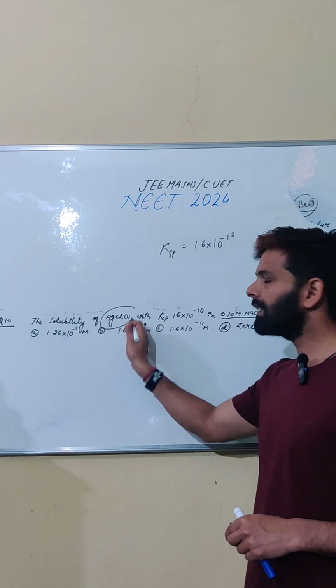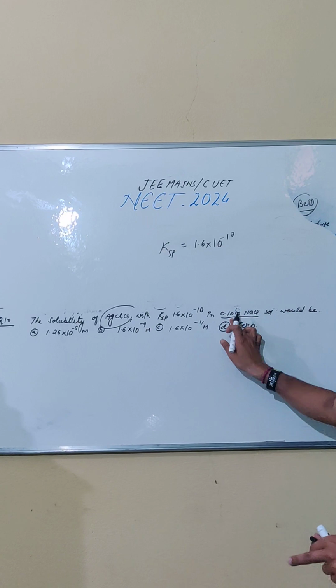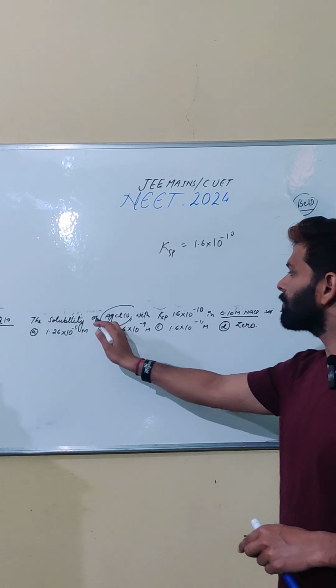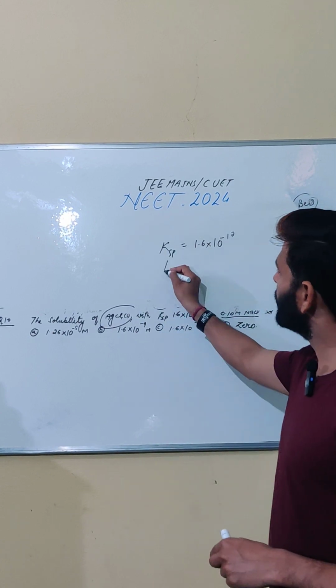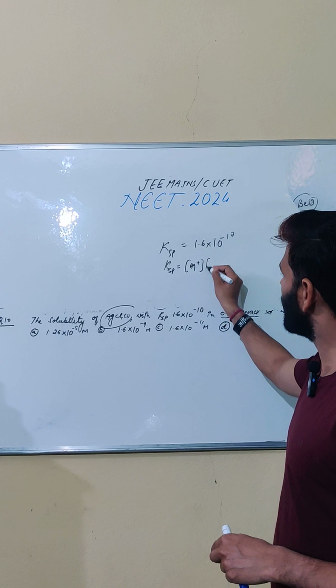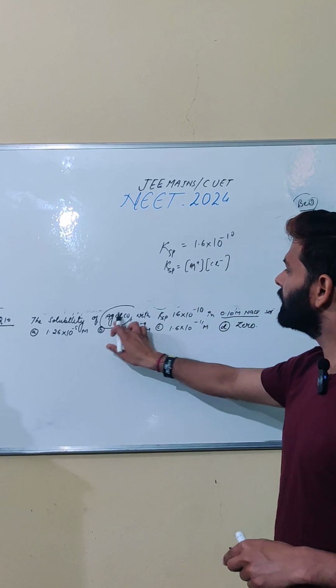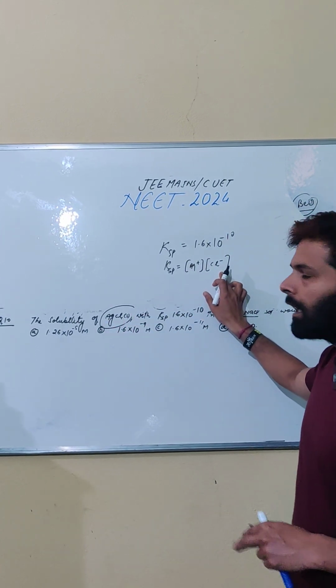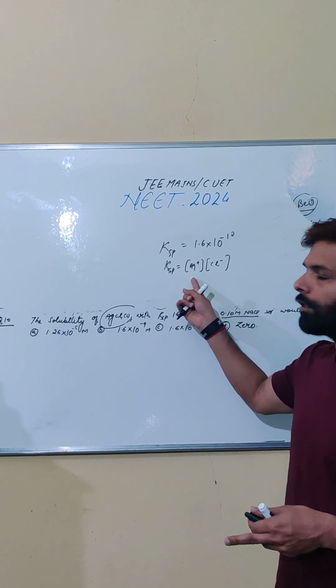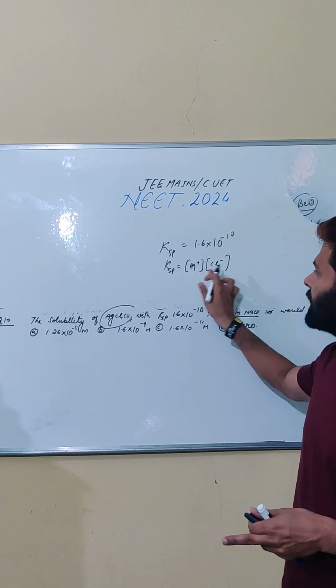That means in AgCl solution we also have this 0.1 M NaCl, and we have to find the solubility of AgCl. We know that Ksp is equal to the product of Ag plus and Cl minus ion concentrations.